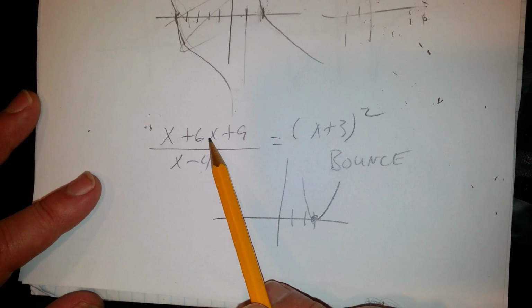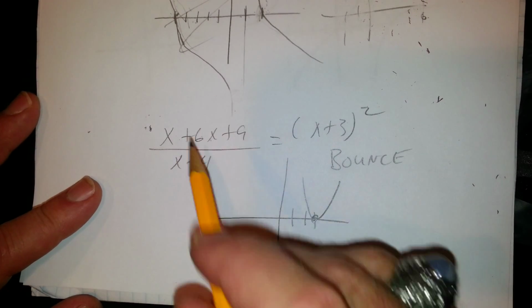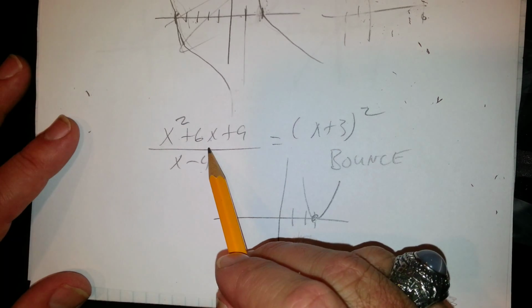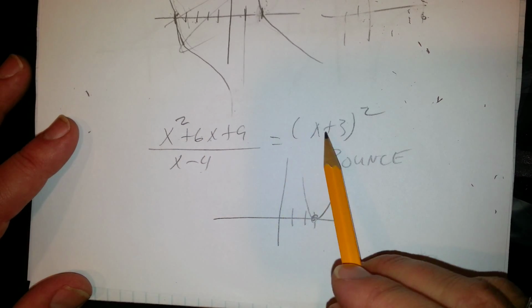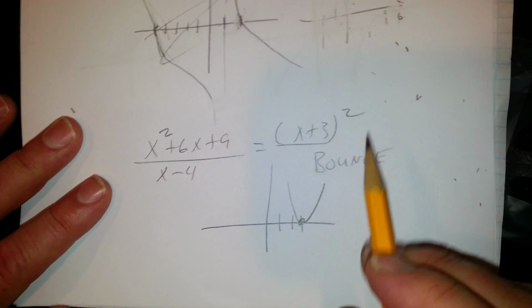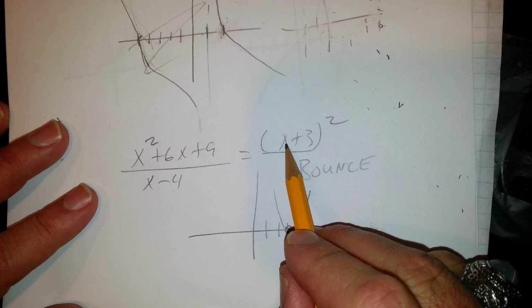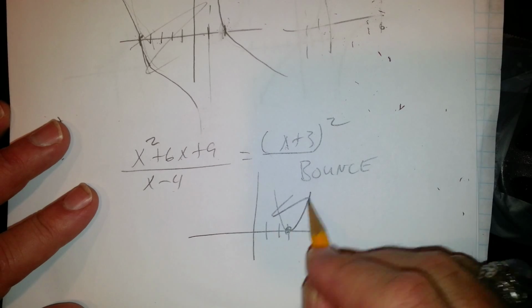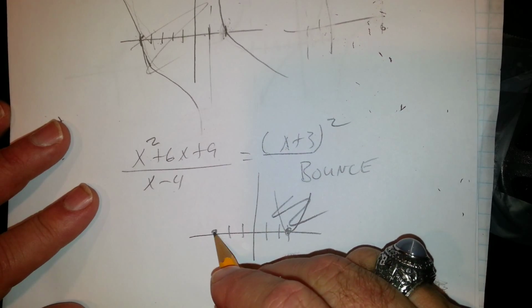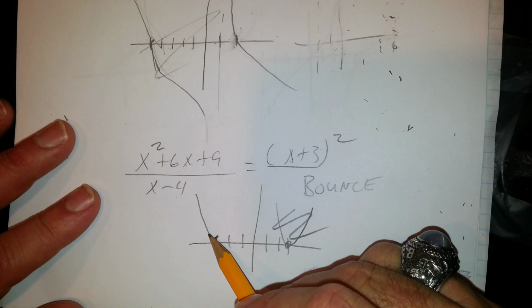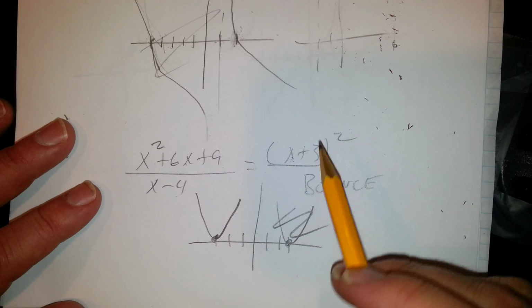My numerator is x plus 6, x squared plus 6x plus 9. This numerator factors as x plus 3 squared. So my zero or x-intercept would be negative 3. Good Lord, I'm brain dead. So that's where it should be. It's going to hit this and bounce off, okay?